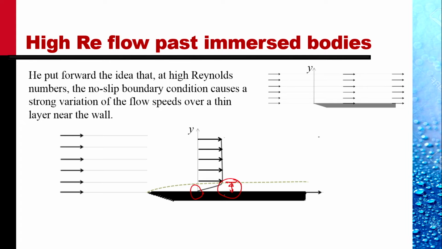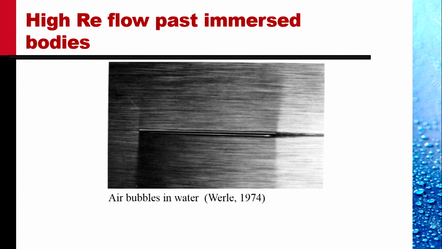He postulated the existence of this boundary layer within which large-scale velocity variations are taking place.